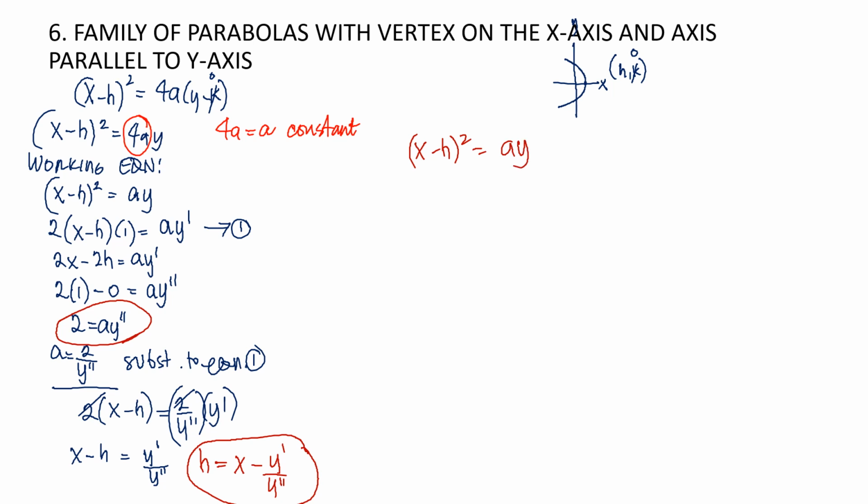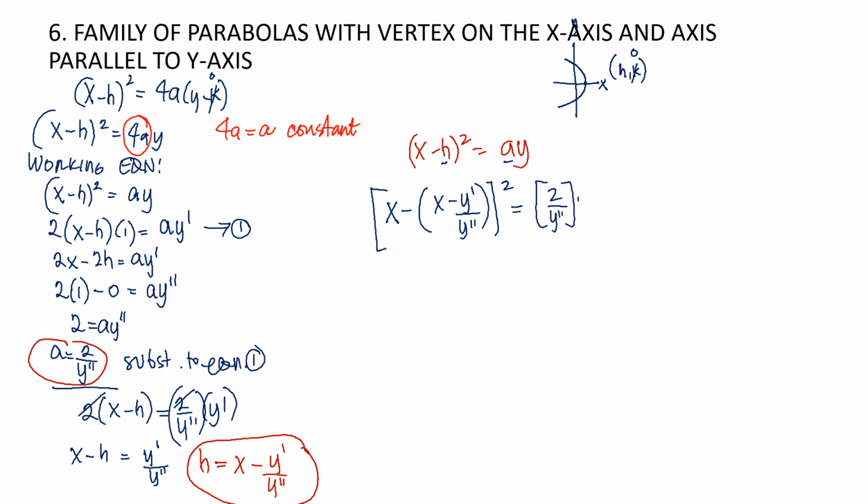Why? Because as we substitute our a and our h into our working equation, we will be able to eliminate the constants h and a. So, x minus, since our h is x minus y prime over y double prime, squared. And a is 2 y double prime y.